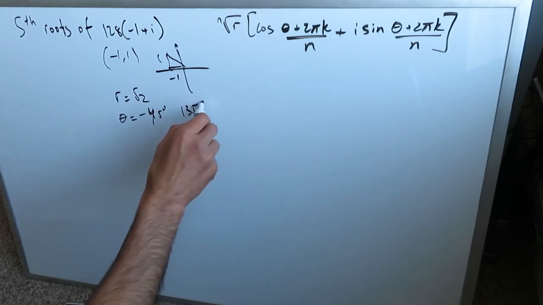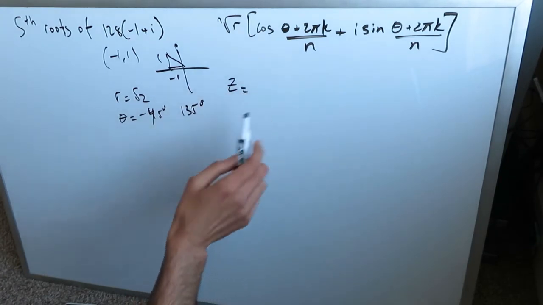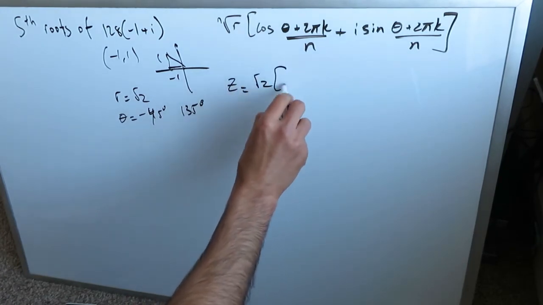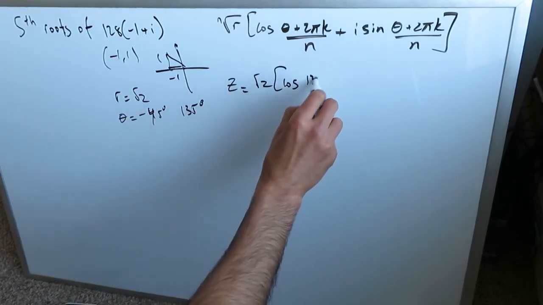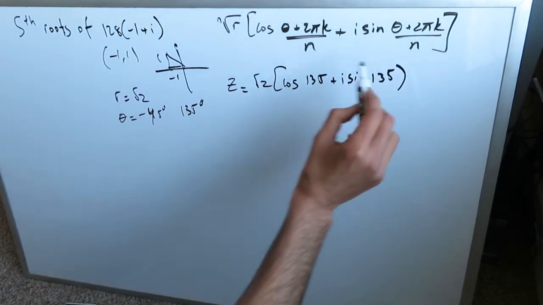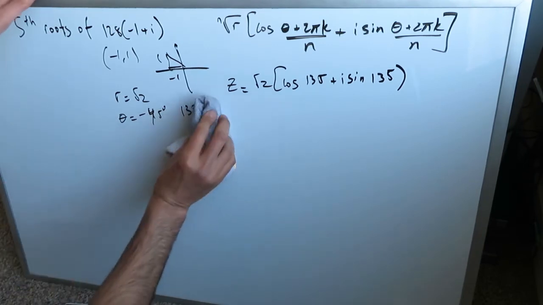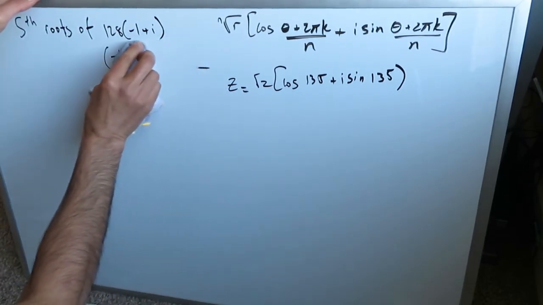So we basically have our complex number written over here. Our complex number is going to be root 2 times cosine of 135 plus i sine of 135. But let's not forget about this 128 over here. Let's create some space and deal with that 128 coefficient.